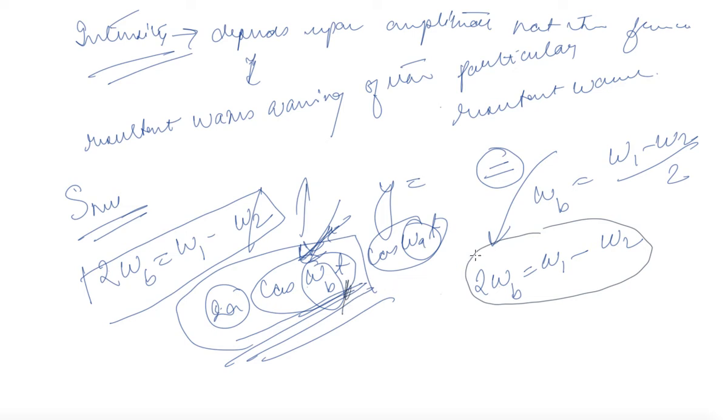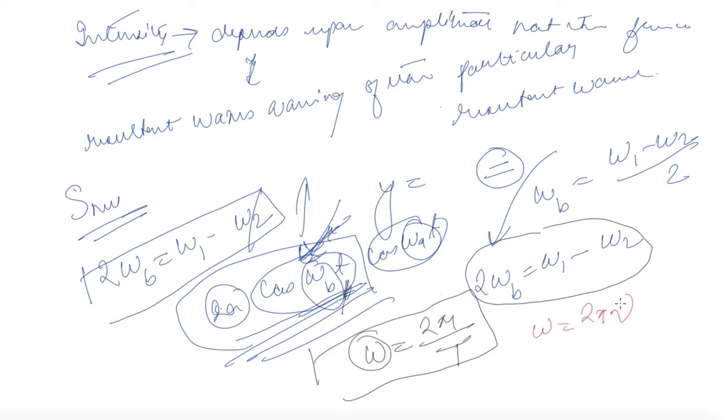Now, we know the angular frequency is given by 2 pi by T. This we have already discussed. So omega is equal to 2 pi times nu, where nu, the inverse of time period T, is the frequency.